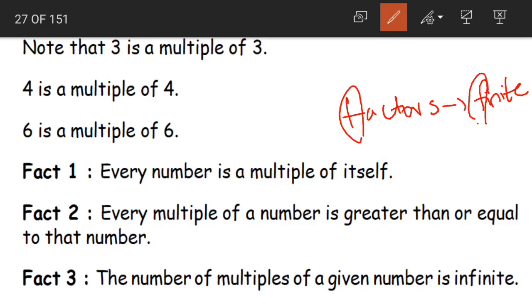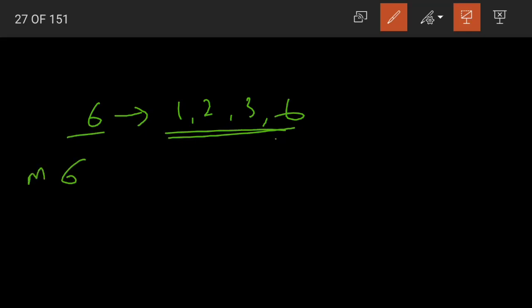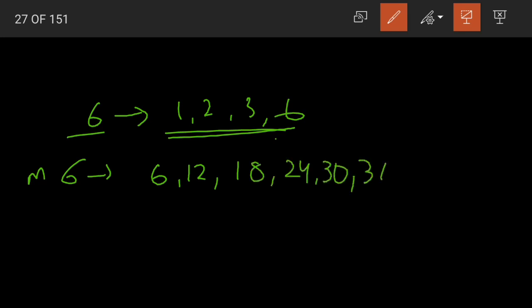Okay. So we can count or say that only these few numbers are the factors. When I take the number 6, the factors would be 1, 2, 3 and 6. Okay, only these 4 numbers are the factors of 6. But when I say the multiples of 6, 6 ones are 6, 6 twos are 12, 6 threes are 18, 6 fours are 24, 6 fives are 30, 6 sixes are 36.